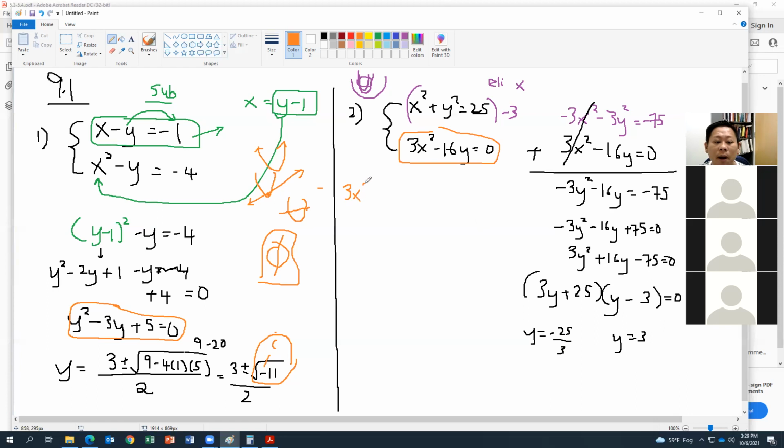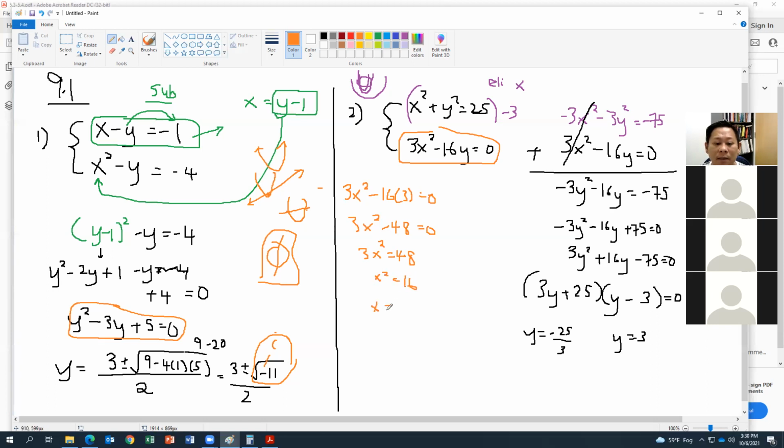So 3x squared minus 16 times 3 equals 0. So 3x squared minus 48 equals 0. 3x squared is 48. X squared in this case, divided by 3, you get 16.